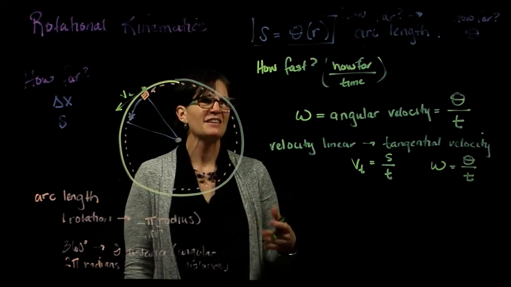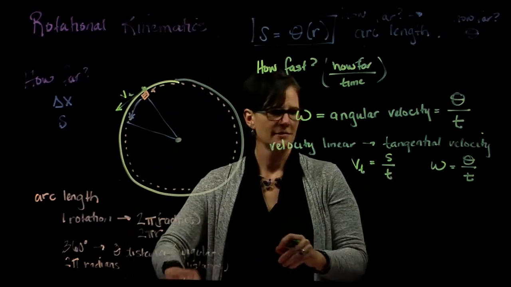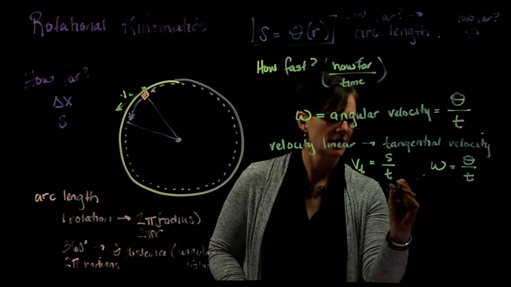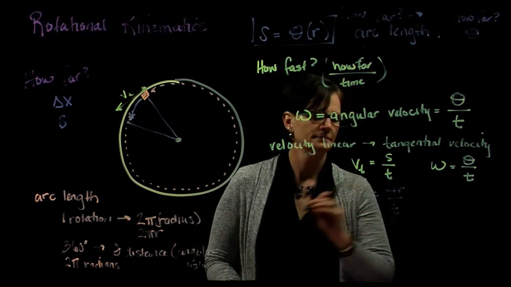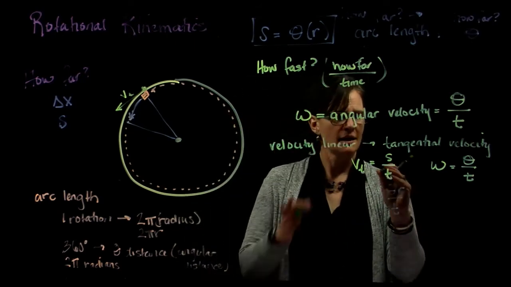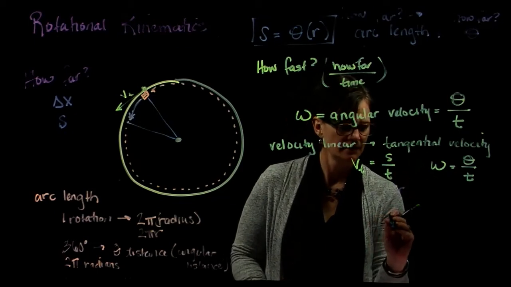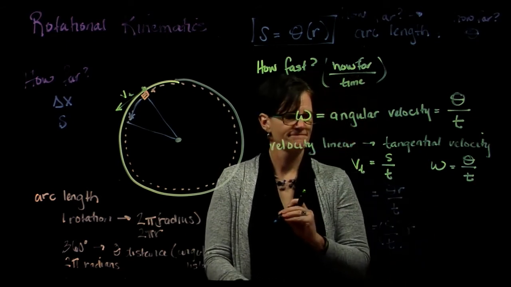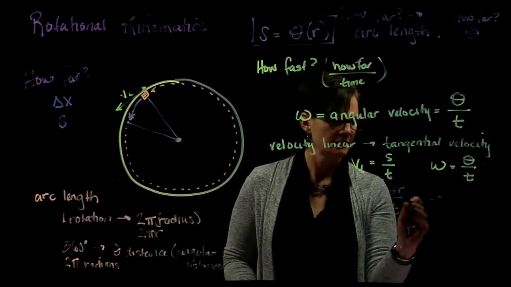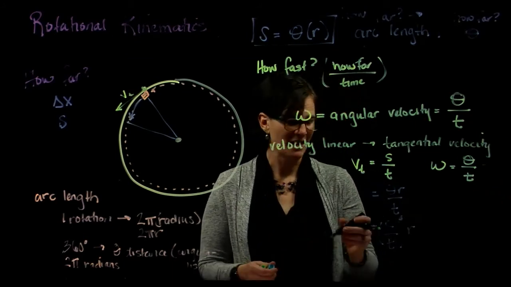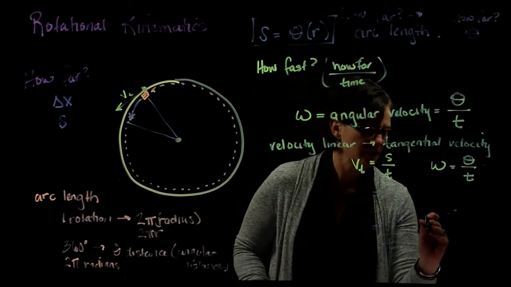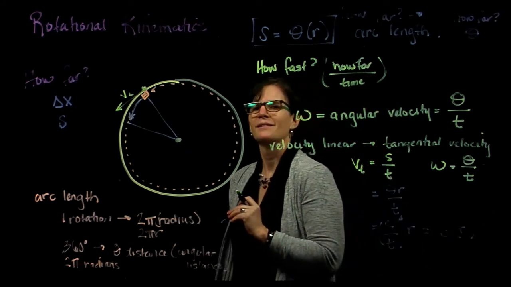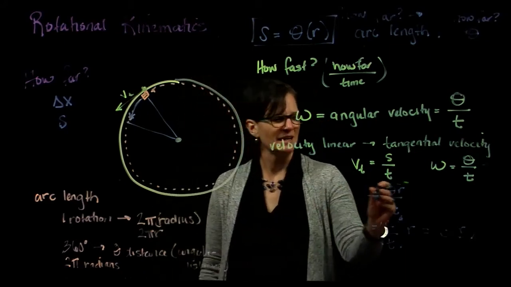So, if my arc length is theta times r per time, and I collect my theta and my t together for r, and I notice that theta over t is just omega, we find that our tangential velocity is related to our angular velocity in this way.